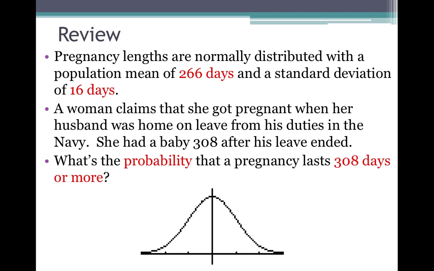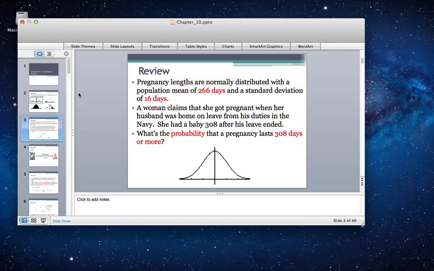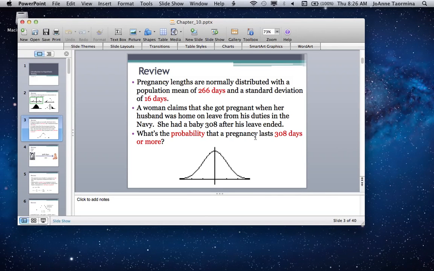So you're going to go to your calculator and enter the lower bound, which is 308 days, then positive infinity, or 100,000, because we say 308 or more. The mean is 266, and the standard deviation is 16. So I'll show you, just to recap how to do this.